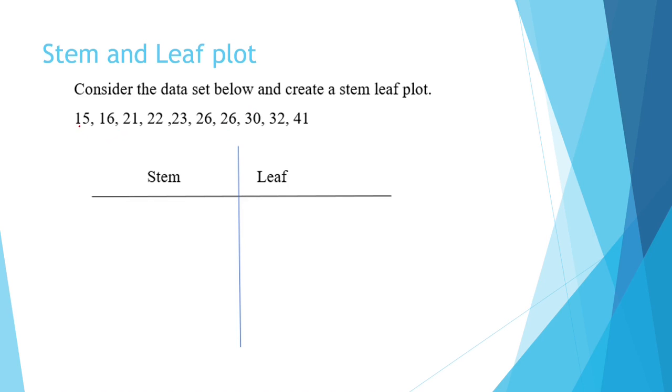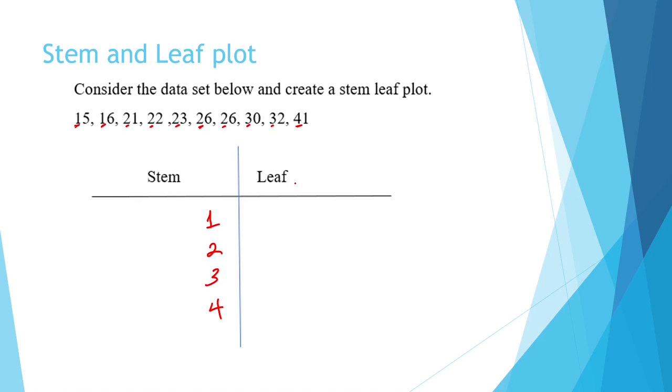Now the first part of the number is going to be our stem. Looking at the values in the data set, we realize we have a range of 1 to 4. So for the stem, I'm going to put my numbers as 1, 2, 3, 4, since the front number of each data value has either a 1, 2, 3, or 4.